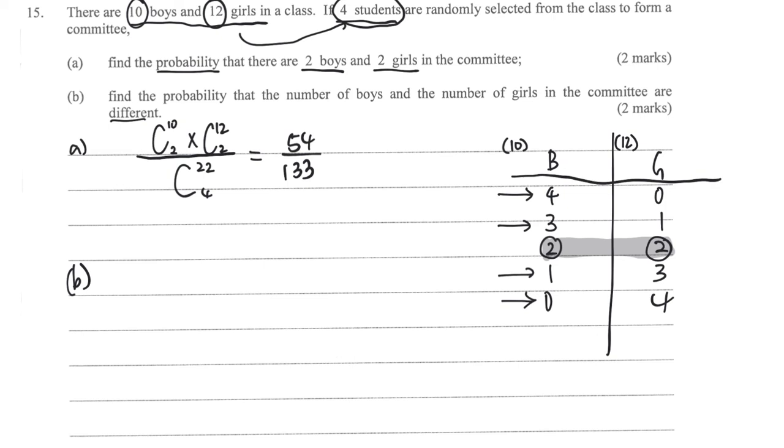Because we are not using the answer that we used in part A, we can use the 1 minus strategy here to do question B. Basically, getting rid of the possibility of A gives the remaining possibility of what they ask in B. So the answer is simply 79 over 133. And that's how you're going to pick up your 4 marks.